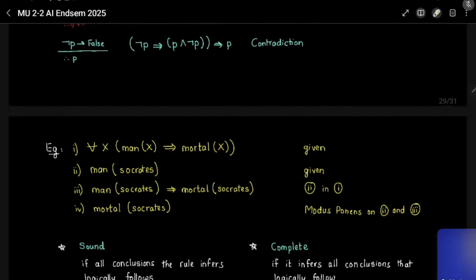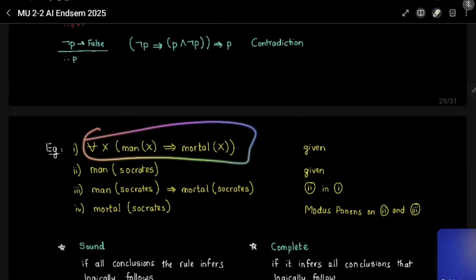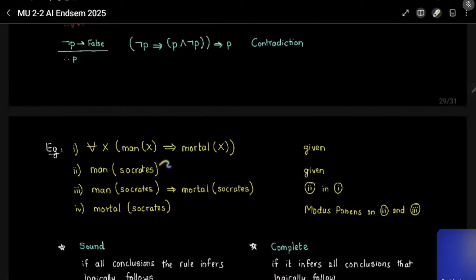Now what I can do is since statement 1 is true for all x, it would mean it is also true for Socrates, right? So I'll substitute Socrates in this. So if I substitute, I'll get man Socrates implies mortal Socrates. See, they told for all x, so x can be anything.